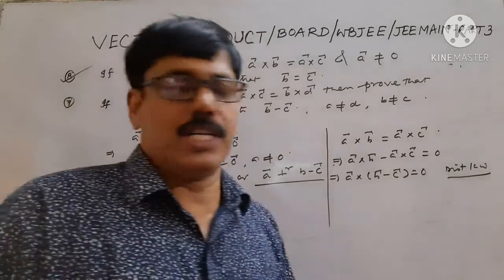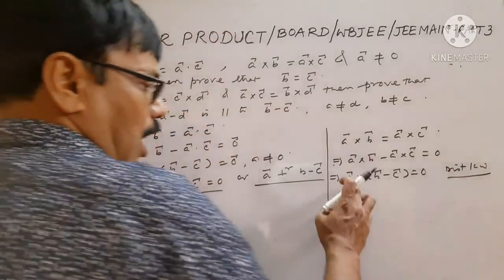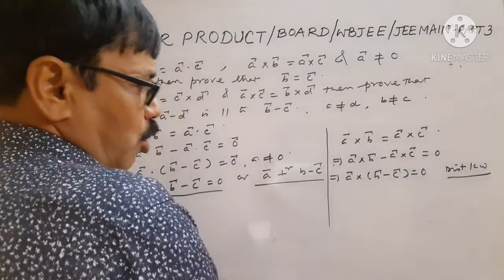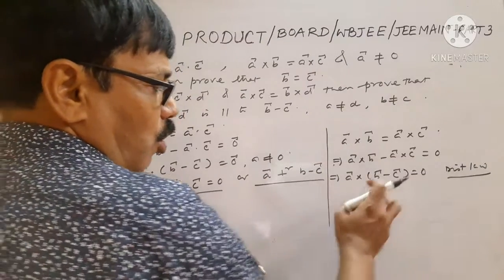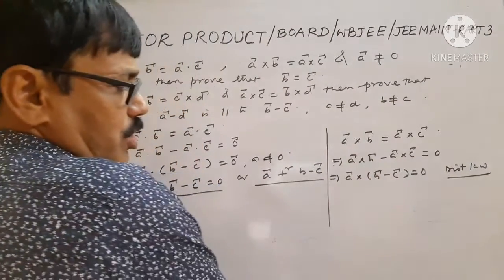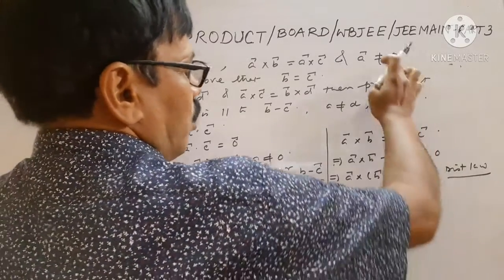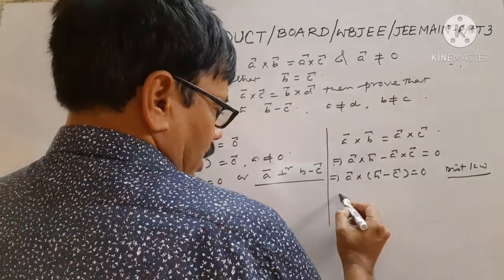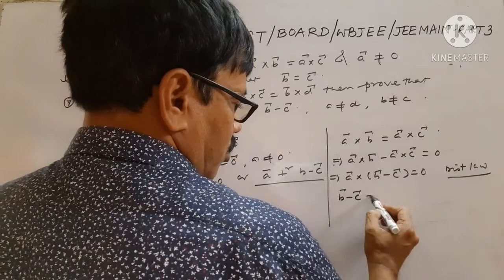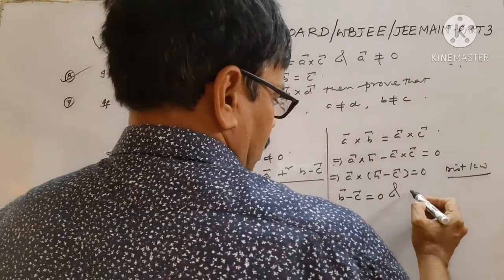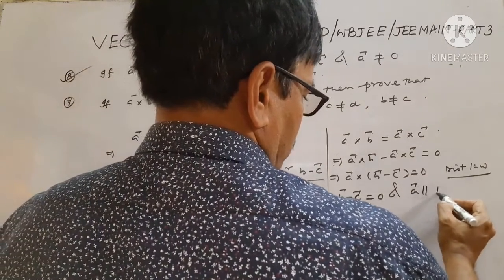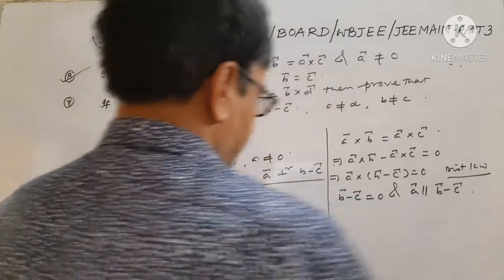Now the cross product is 0. So A parallel to B minus C, or A equals 0, or B minus C equals 0. That is a null vector. But it is given A not equal to 0. Therefore B minus C equals 0, or A parallel to B minus C.